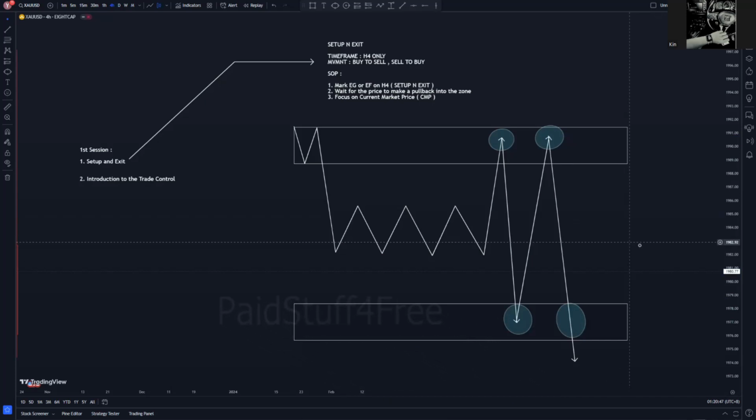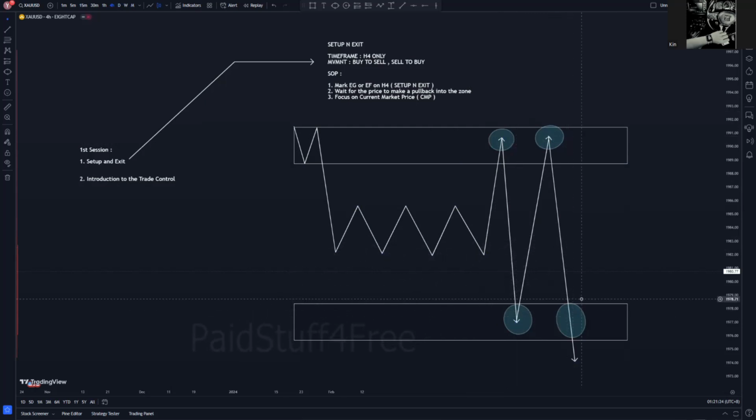So the second famous question is, why do we need to focus on the current market price? I'm going to answer this right now. The reason is, when the price gets into the sell zone, in all of these circles that I've circled over here, we will find out the answers to our questions: why the price respected the sell zone, why the price respected the buy zone, and why the price just went through this buy zone.